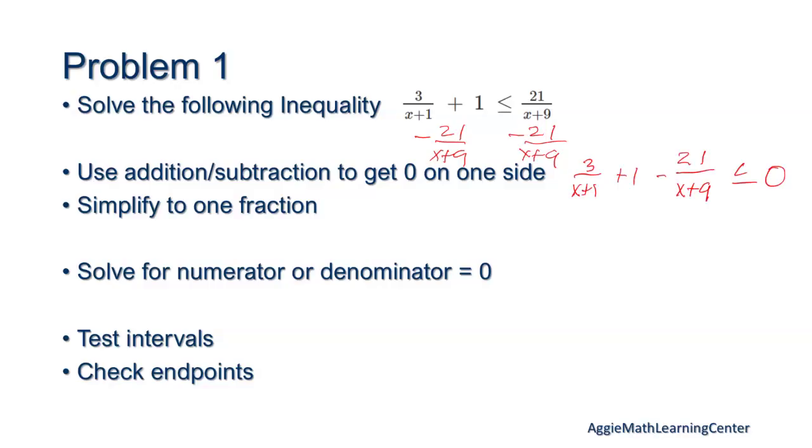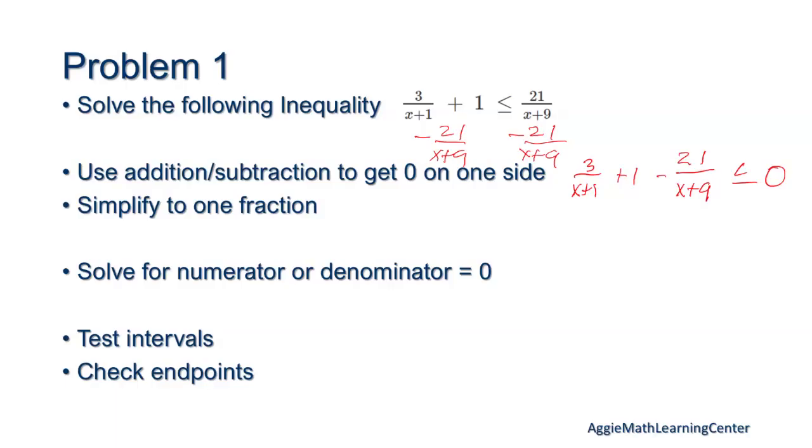Second step, it says to simplify to one fraction. To do that, we need to find a common denominator. One of the terms has an x plus 1 in the denominator, another has an x plus 9. So our common denominator is going to be x plus 1 times x plus 9.